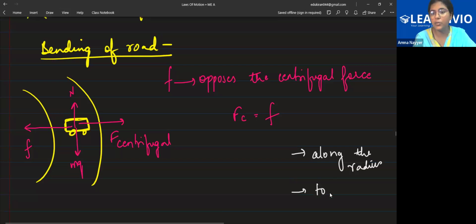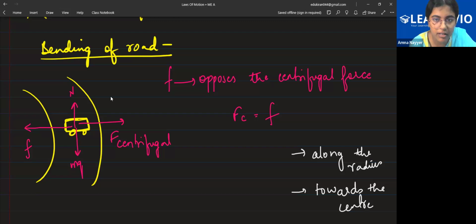You tell me, out of all the four forces which are available, N, mg, centrifugal force, frictional force, which is acting along the radius of the circle and towards the center, Alina?